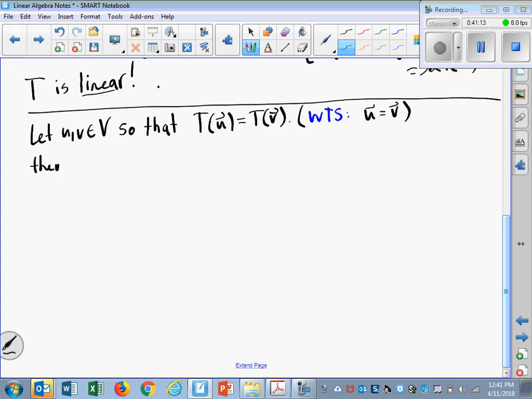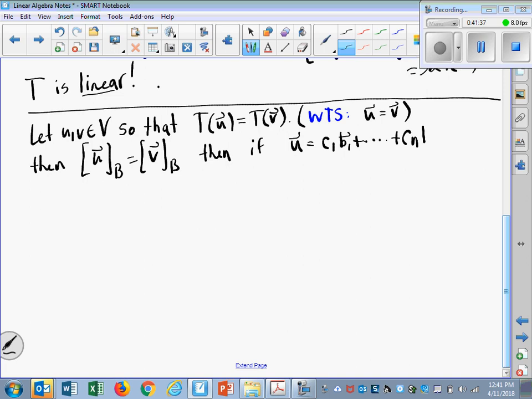Then that means that if u equals c1 b1 all the way through cn bn, then u equals c1 b1 through cn bn, which is the same thing as v.